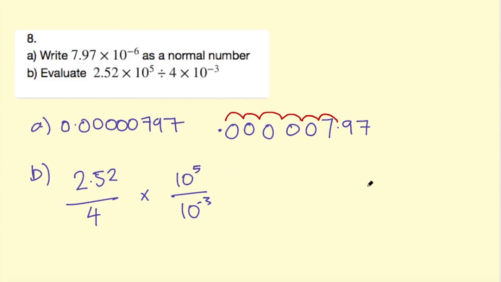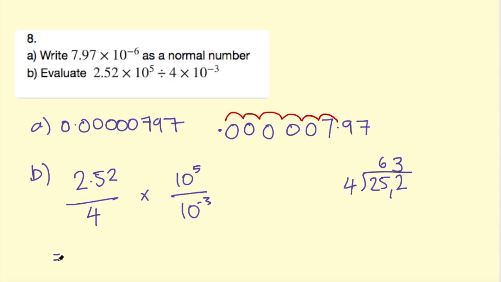So what I could do is do this quick division. Now take the decimal point out of there, that means that I'm actually multiplying that number by 100, so I need to divide the answer by 100. So let's do this. 252 divided by 4, well, 4 into 25, that's 6, remainder 1. 4 into 12, that's 3.